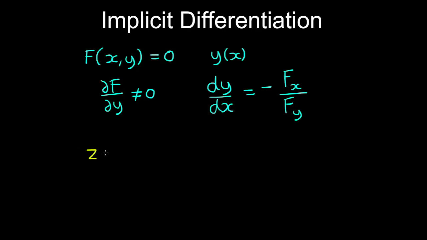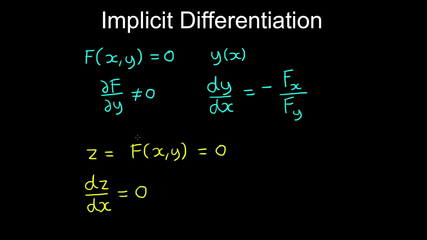So if we take z is equal to f of x and y, and that's equal to 0, then that means the derivative of z with respect to x is also 0. And evaluating the derivative of this implicitly defined function with respect to x, we can use the chain rule.